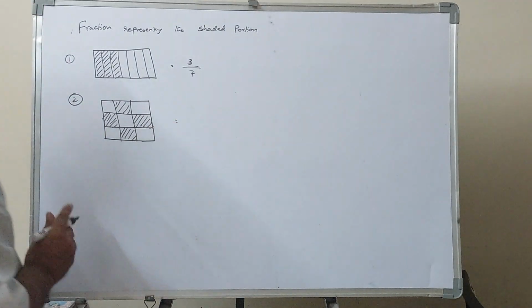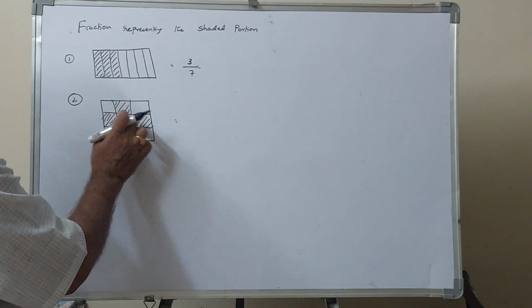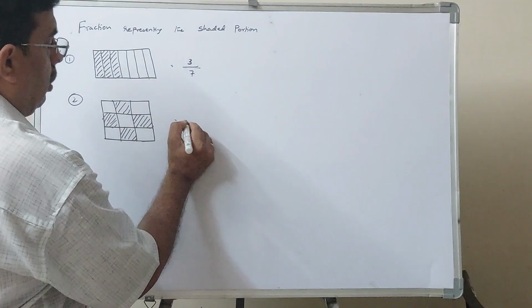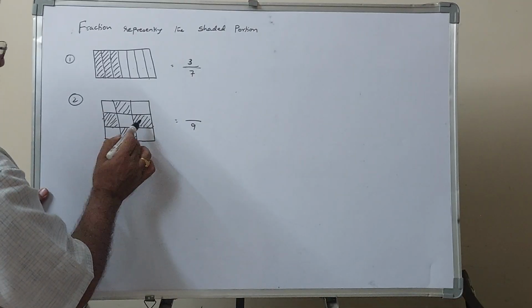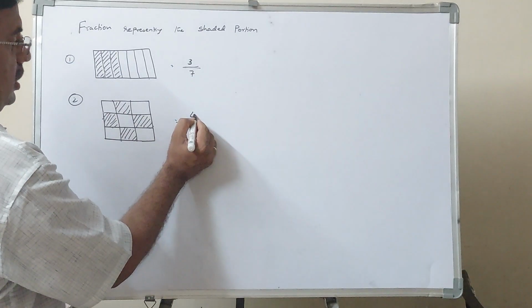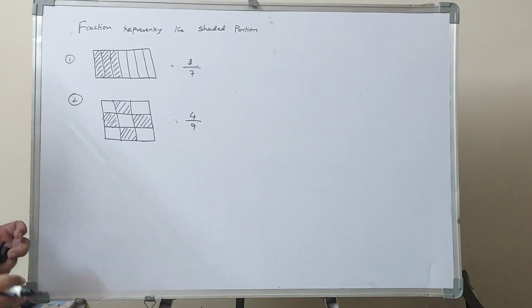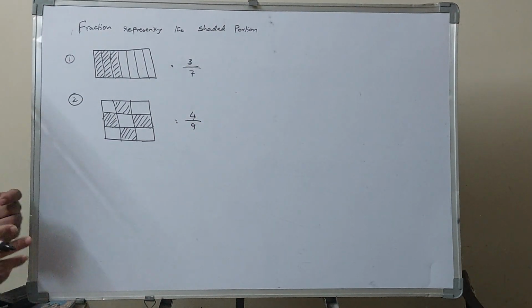This is divided into how many parts? 1, 2, 3, 4, 5, 6, 7, 8, 9. So the total is 9 parts. And how many were shaded? 1, 2, 3, 4 were shaded. So it is equal to 4 by 9. This is the way of representing a fraction of the shaded portion.